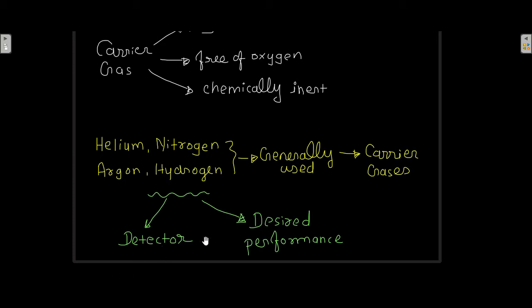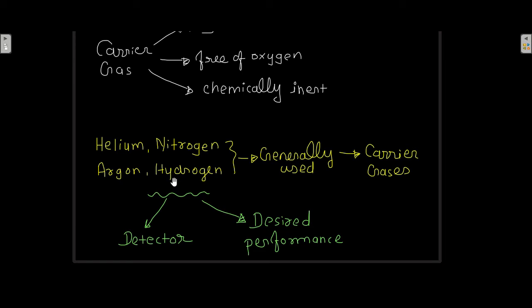So on the basis of the desired performance and the detector that you are using in gas chromatography, on these two bases, you decide which carrier gas you want to use for the experiment.